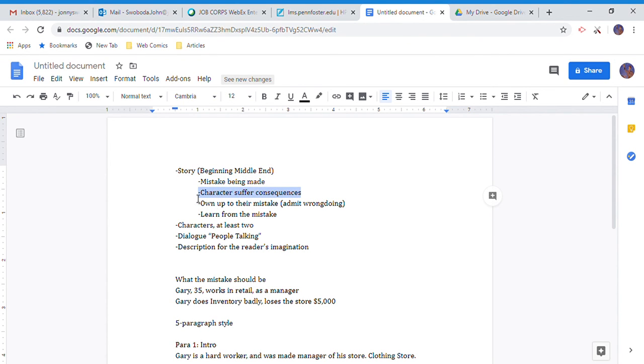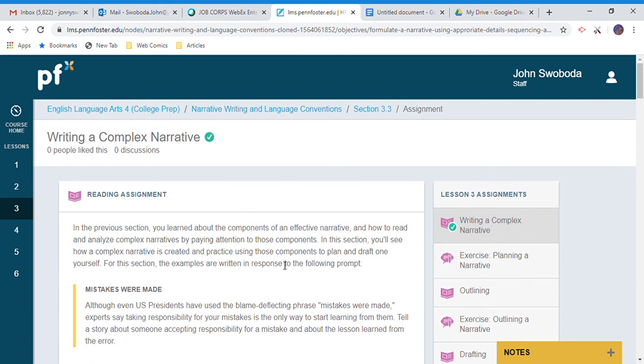The character has to suffer some consequences. They have to own up to their mistake, and they have to learn from it. There have to be at least two characters. There can be more. You have to have one instance of people talking and one good description for the imagination. Okay, that is going to do it for Chapter 3, and I'll see you in Chapter 4.